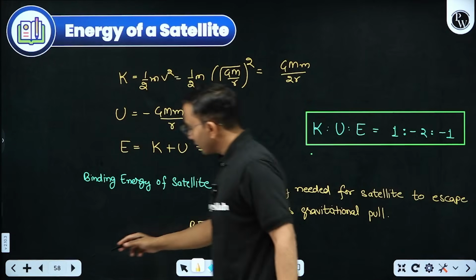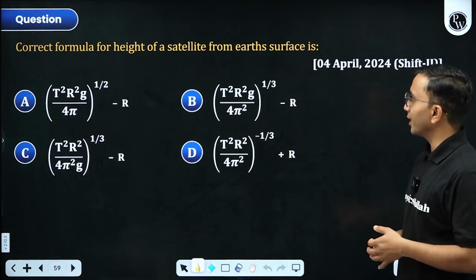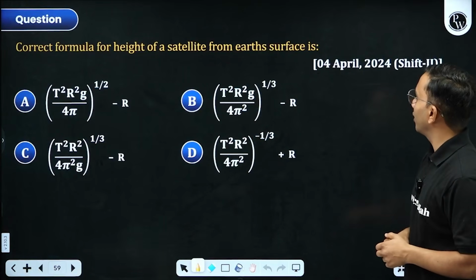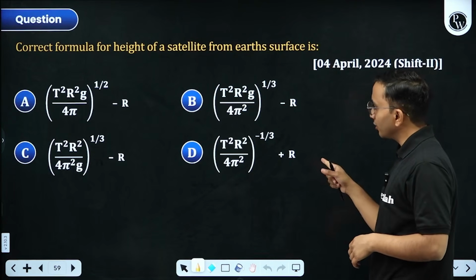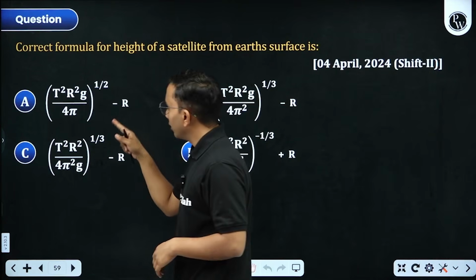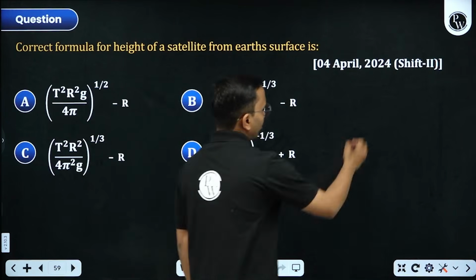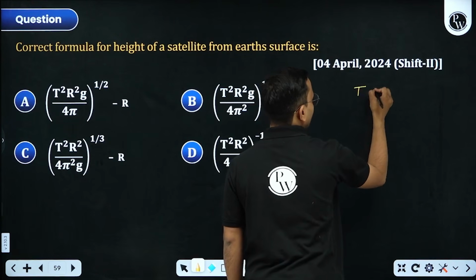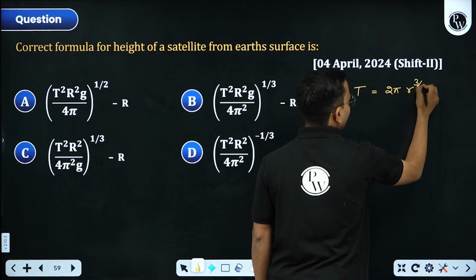Now let us come to some questions of satellites. Correct formula for height of satellite from Earth's surface is, and this formula is having time period. So let us relate time period with height. Now time period we know T is equal to 2 pi r to the power 3 by 2 by root GM.